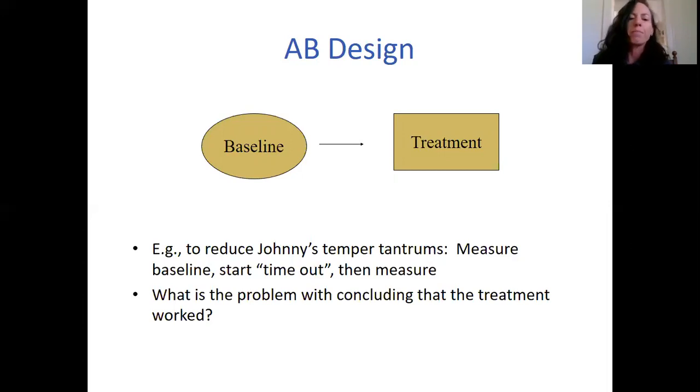So, for example, on baseline, his temper tantrums are high. And then when he starts treatment, you start doing timeout for every time he has a temper tantrum. Then now his temper tantrums go down. The problem with concluding that the treatment had an effect, of course, is that anything else could have happened at the same time as that treatment. So we have that history effect here.